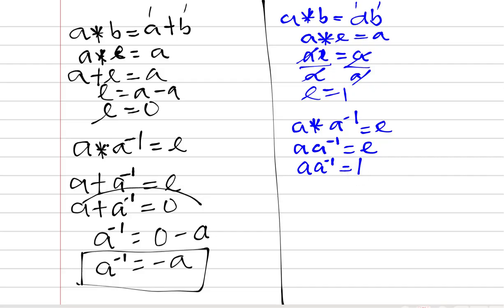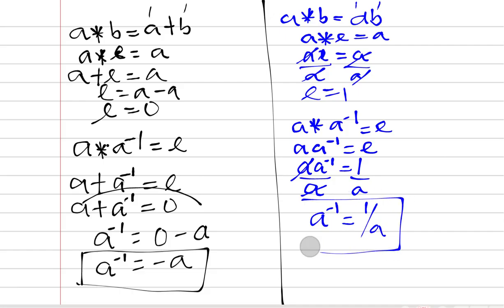Divide both sides by A, because you are making A inverse the subject of the formula. This cancels this. You can see that your A inverse is equal to 1 over A.